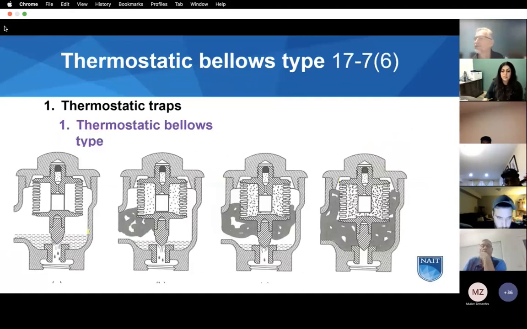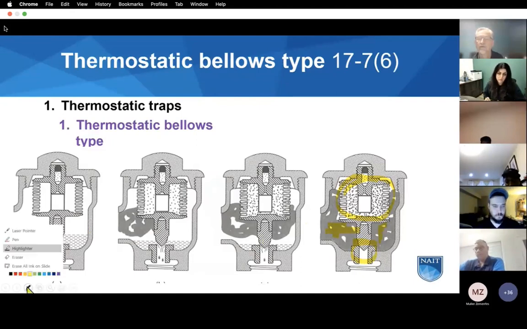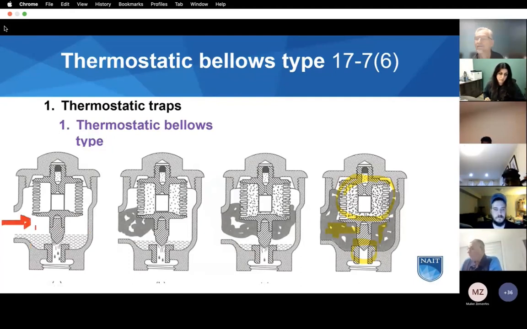This trap is full of steam over here on the right. The bellows is heated up. The little valve in the bottom is closed. Okay. Inlet is on the side, so the inlet is here. Everything in this one, closed valve. Steam is held in the system.